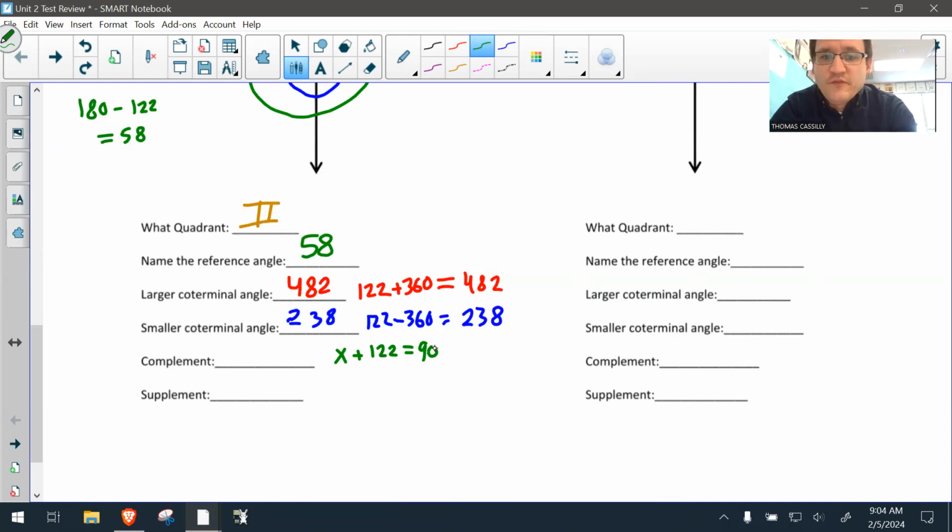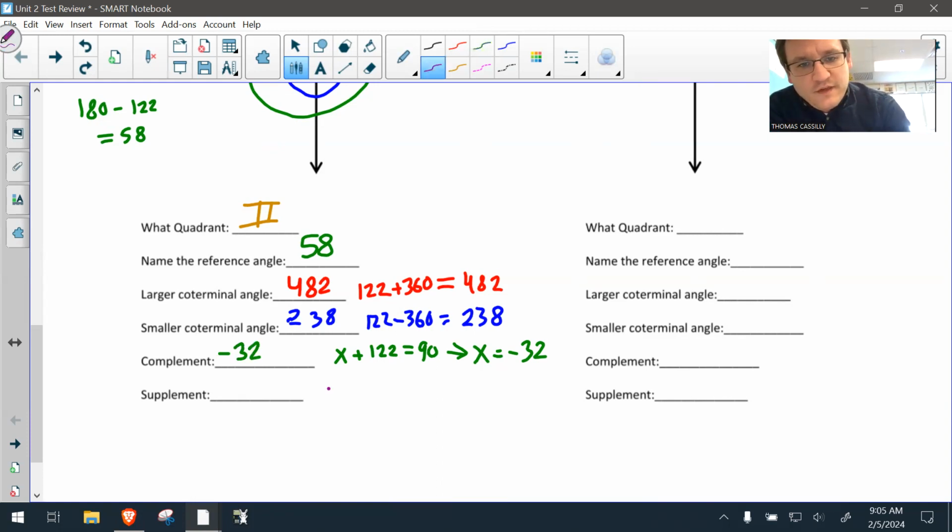So what is the value of X? It's just a one-step algebra problem, and we're going to have X equals negative 32. Negative 32 plus 122 gives you 90. So we have a negative 32-degree angle.